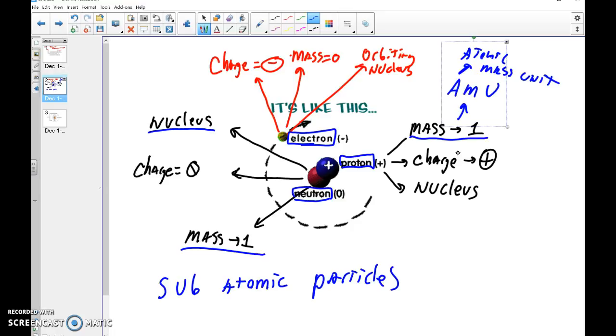Proton, positive. But both of those are found in the nucleus of an atom. And that's very important because atoms always have 2 locations. The first location is the nucleus. And the nucleus is an absurdly tiny thing. If you were to think about an atom as a football stadium, the nucleus is a pushpin on the 50-yard line.